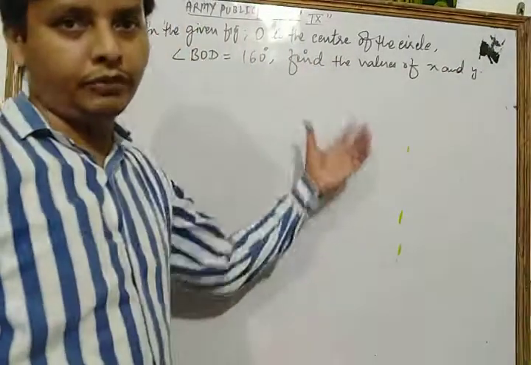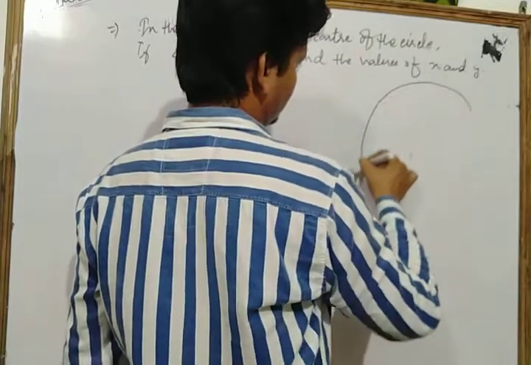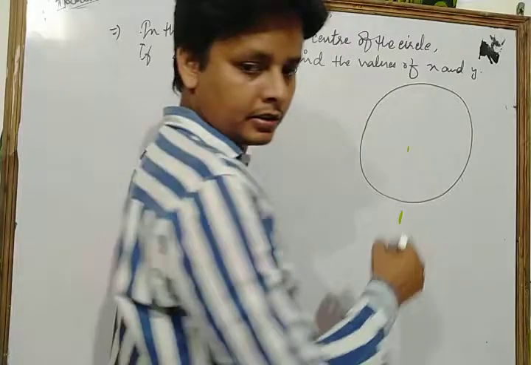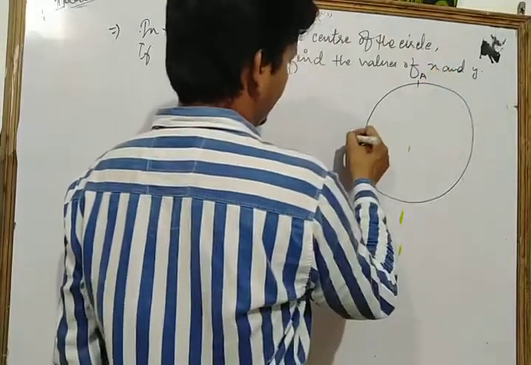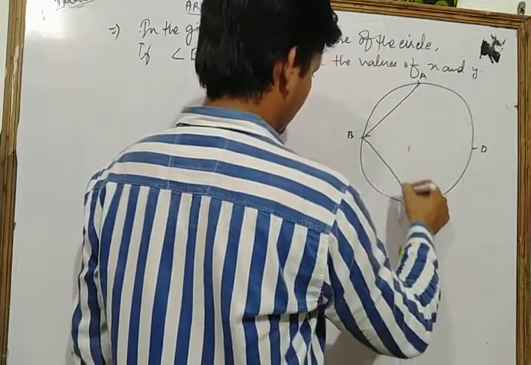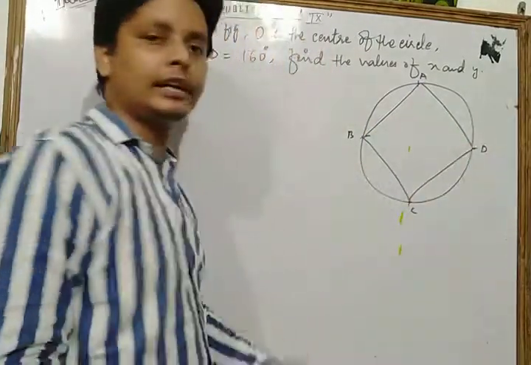And dear student, the figure is, let's see, this is ABCD, join AB, CD and AD. This is the cyclic quadrilateral.